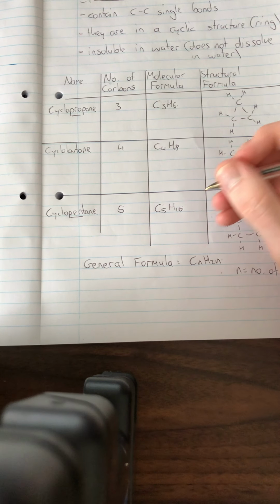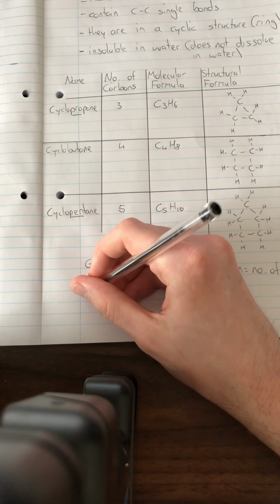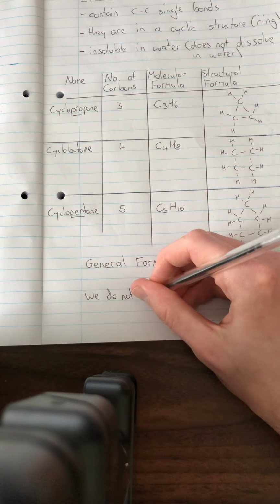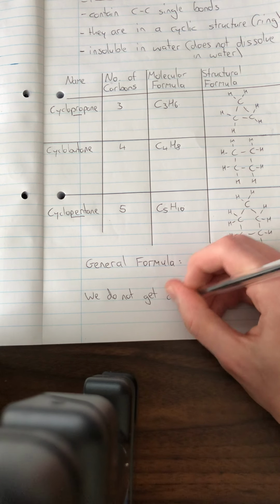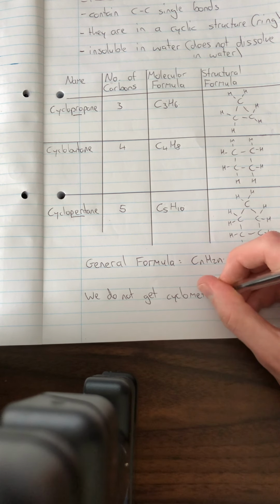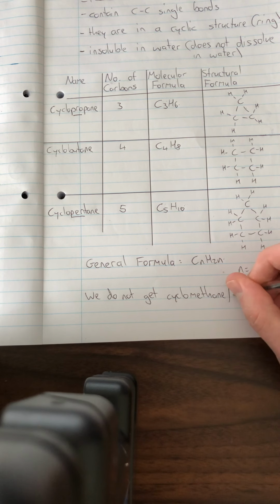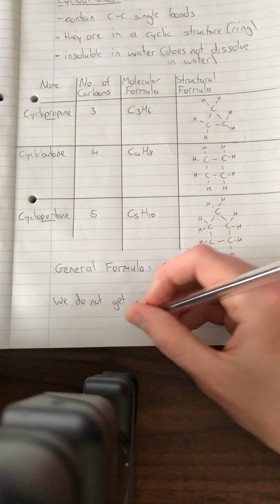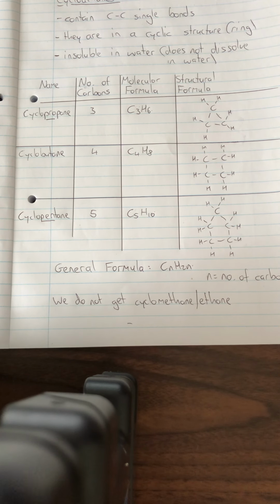We do not get cyclomethane or cycloethane. Is anyone able to work out why that's the case?